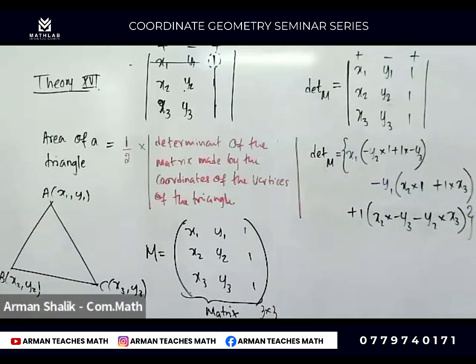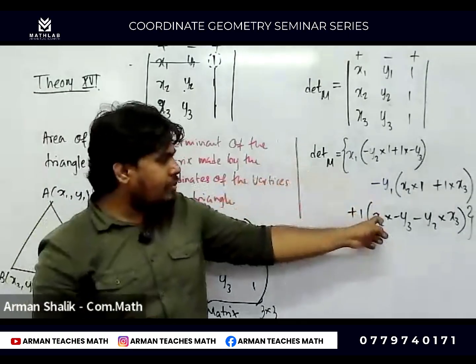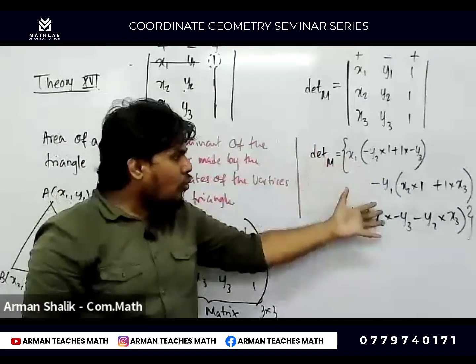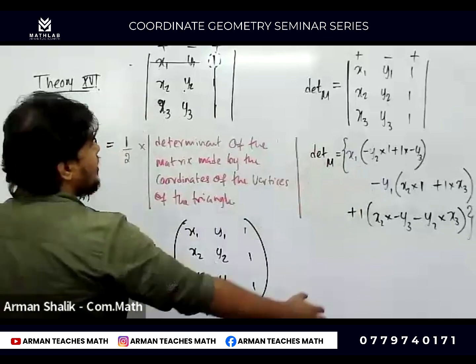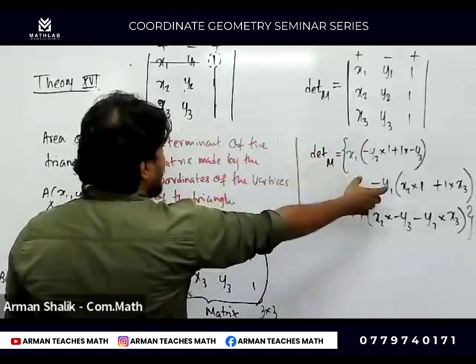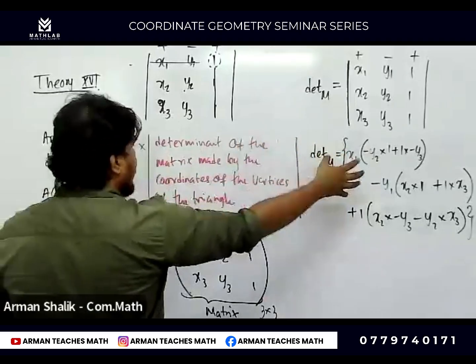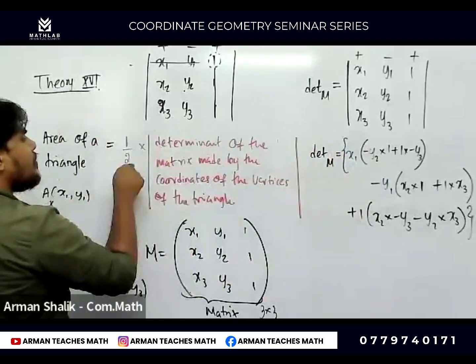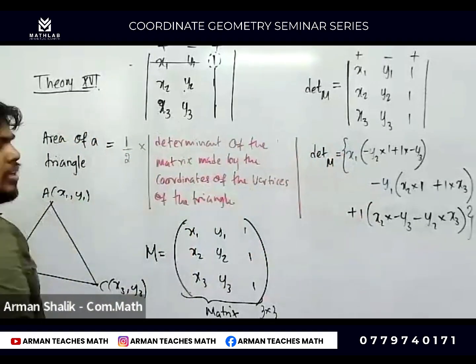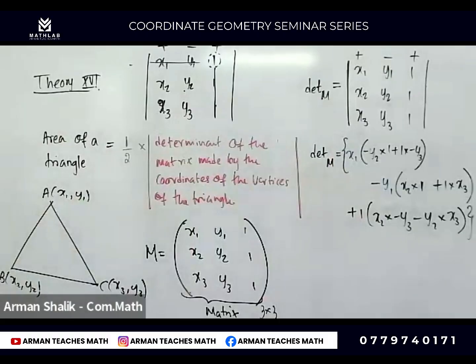Okay, so what does this give? This gives you the determinant only. Now, whatever value you get from the determinant, you have to take its absolute value. The absolute value of the determinant multiplied by half gives you the area. We'll do an example.